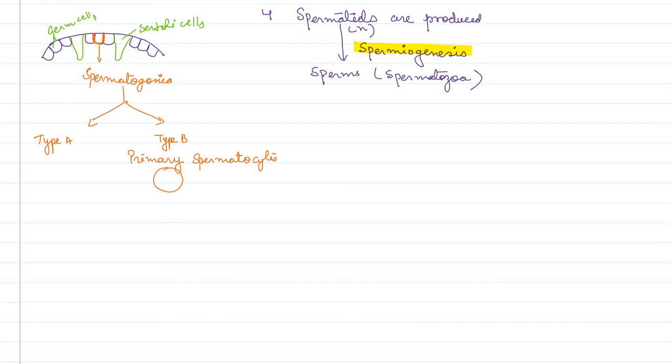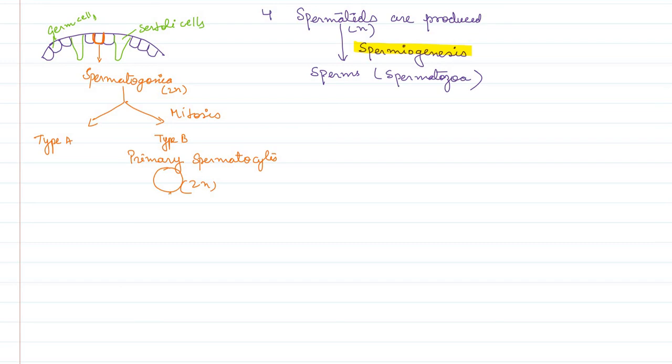Okay, which is diploid, because mitosis division takes place. Here the spermatogonia is diploid and the primary spermatocytes are also diploid.